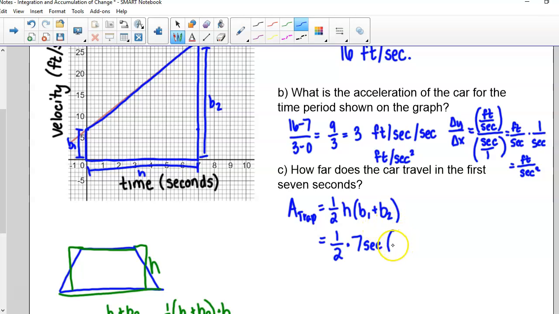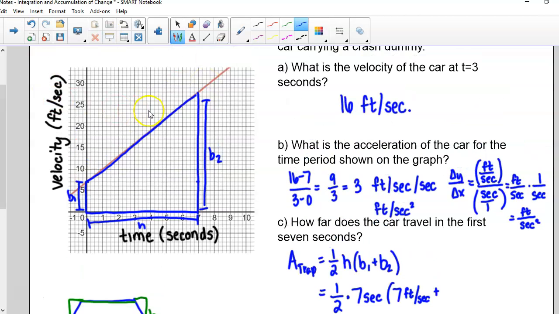And then B1 plus B2. B1 is 7, and that is vertical, so it's feet per second. Plus the B2, what is that? 28, I think.